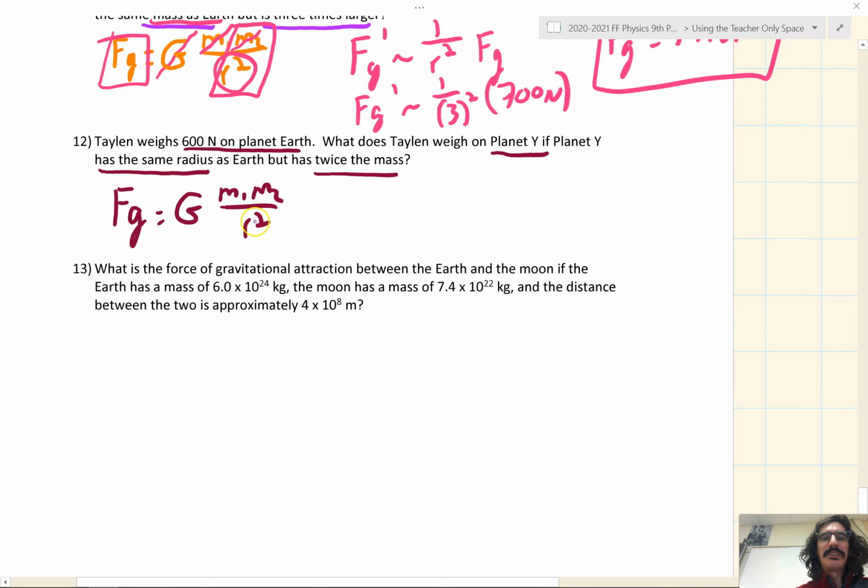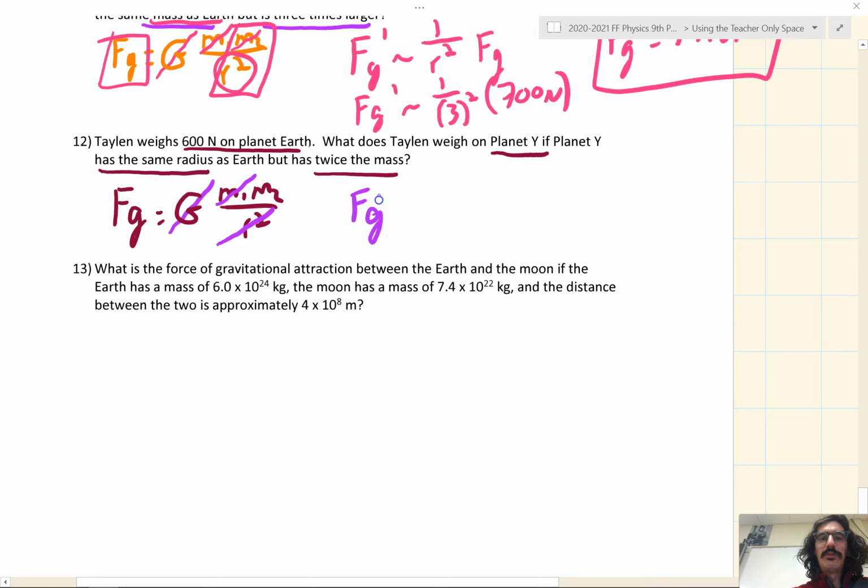Again, r isn't the radius, it's the distance between the centers of the objects. So when Talon goes from Earth to planet Y, g stays the same, Talon's mass stays the same, and we're told that the Earth and the planet Y are the same radius, so r stays the same.